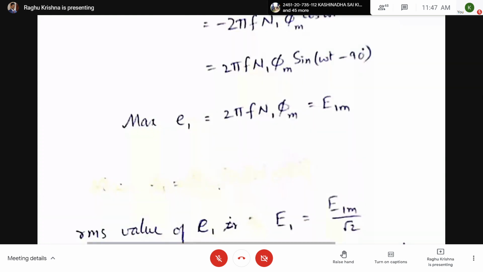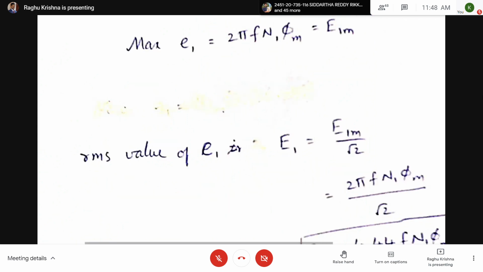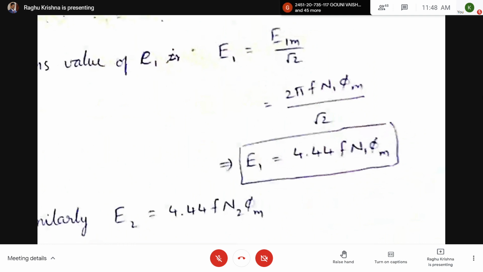Next, the RMS value of E1 is obtained by maximum value by root 2, that is E1m by root 2. So finally you are going to get capital E1 as 4.44 f N1 Φm. Similarly, E2 will be equal to 4.44 f N2 Φm.